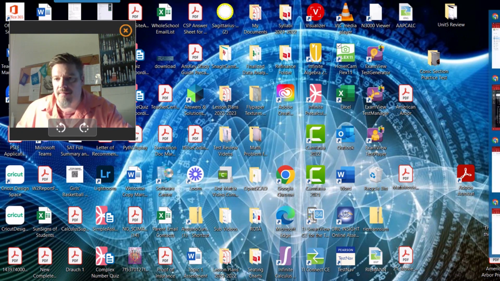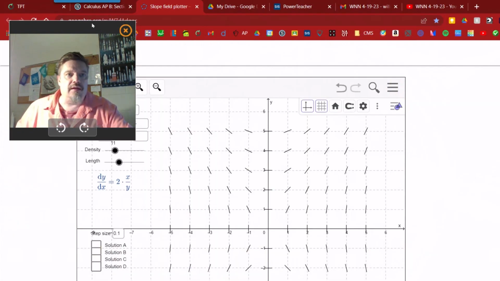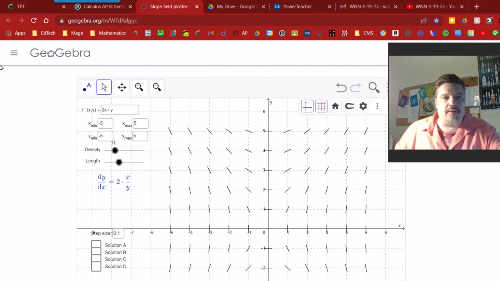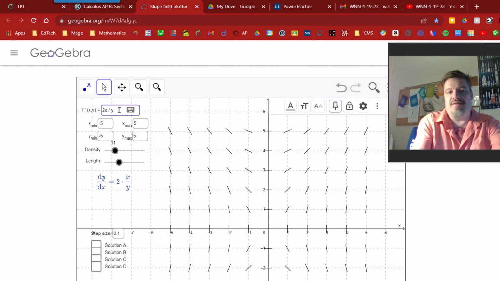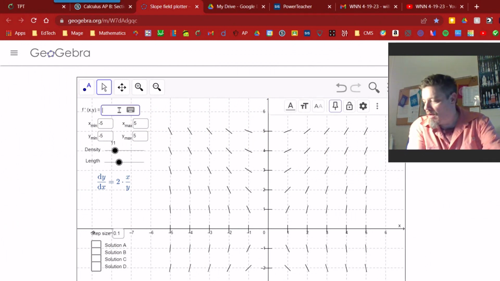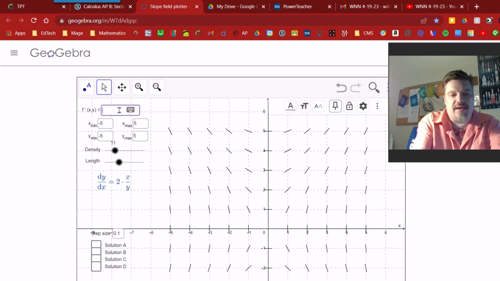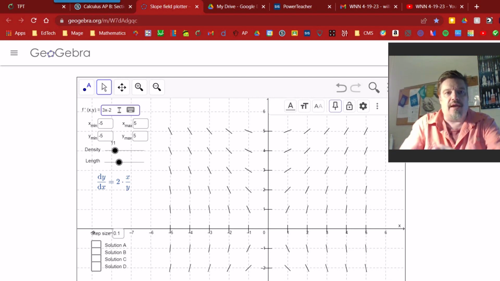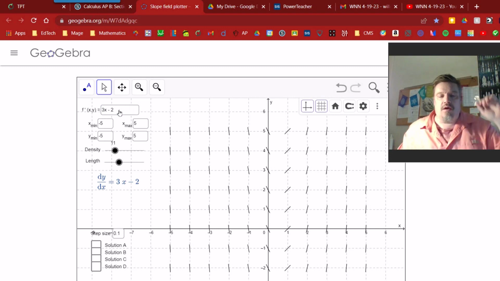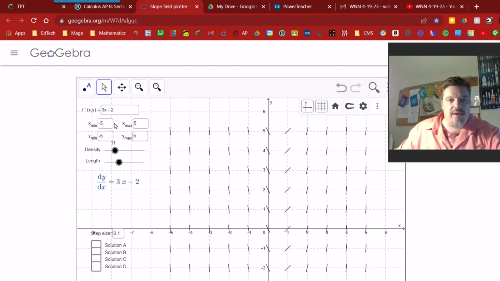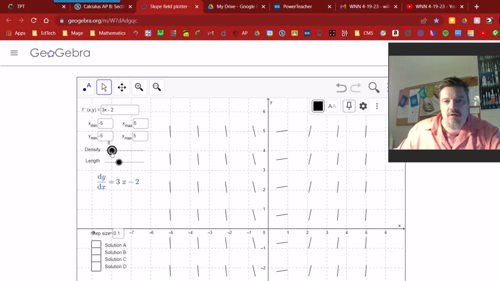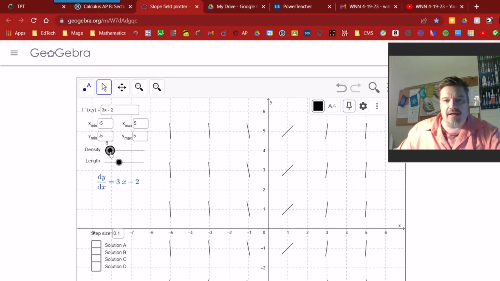So let me grab that. I think I had my slope field thing here. Okay, let's move this out of the way here. Okay, and let's type this in so we can see it. We got 3x minus 2. Okay, now you can see here that our graph kind of is like that. 1 and 0.